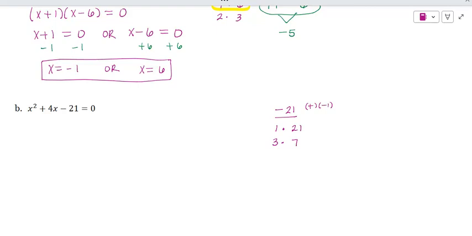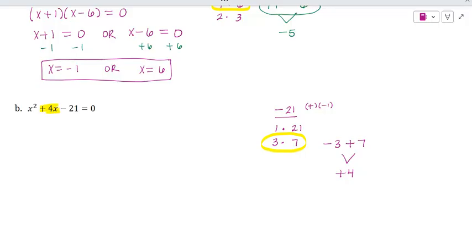Next, I'm going to look at the middle term to decide which set of numbers I want. And it looks like I want 3 and 7 because they can combine to give me a plus 4. So I want the 3 to be a negative number and I want the 7 to be positive because that'll combine to give me the plus 4.